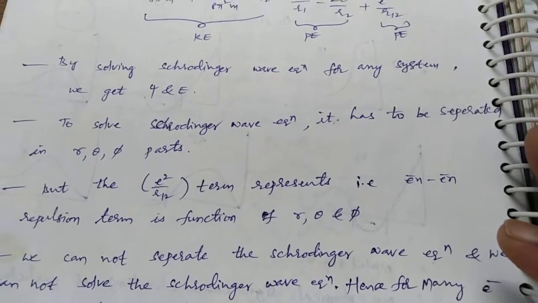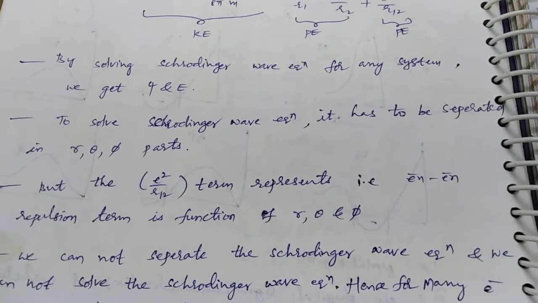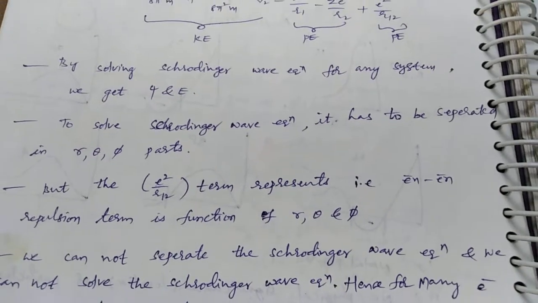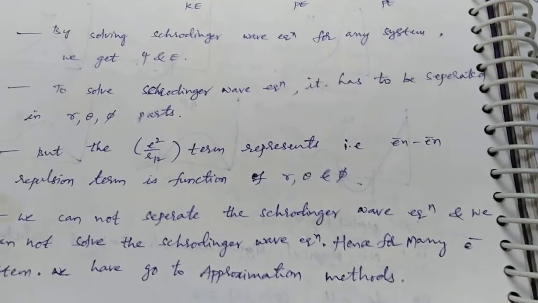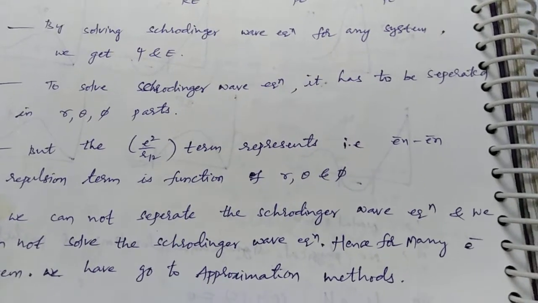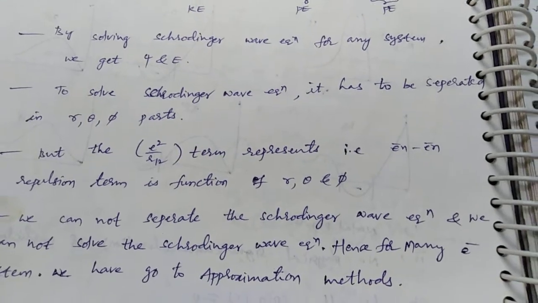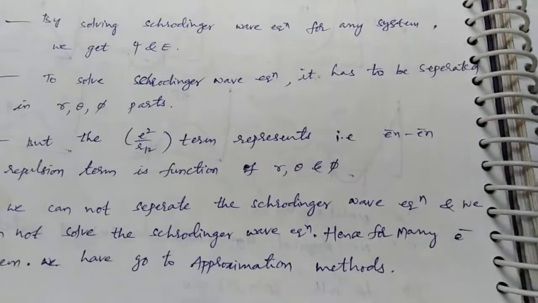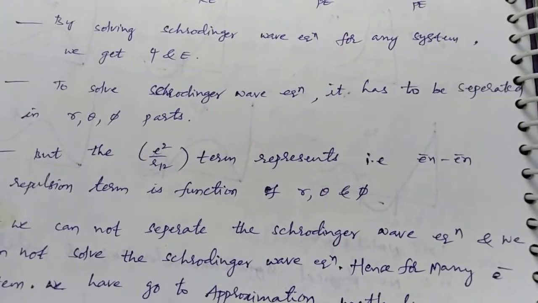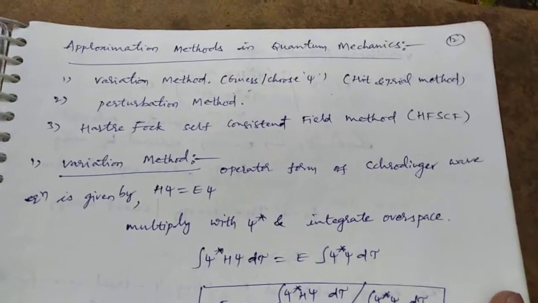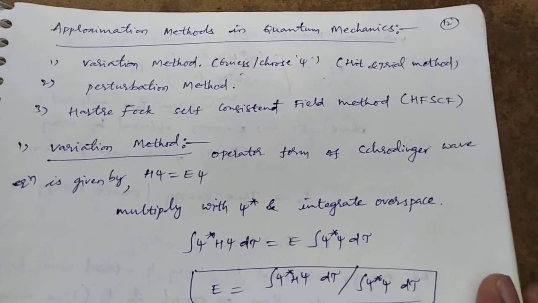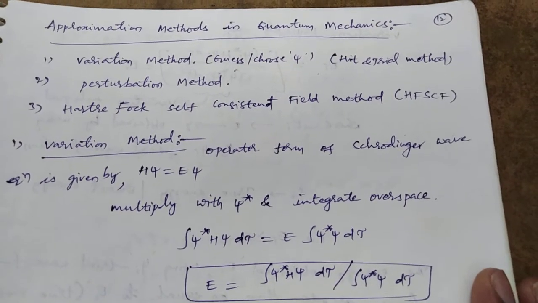Hence, we cannot separate the Schrodinger wave equation, and also we cannot solve the Schrodinger wave equation for many electron systems. We have to go for approximation methods. The Schrodinger wave equation is not exactly solvable for the many electron system, so we go for approximation methods. So we have three types of approximation methods.